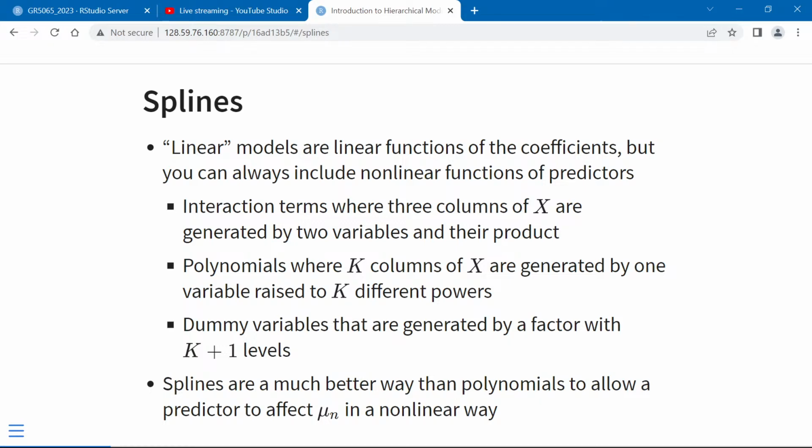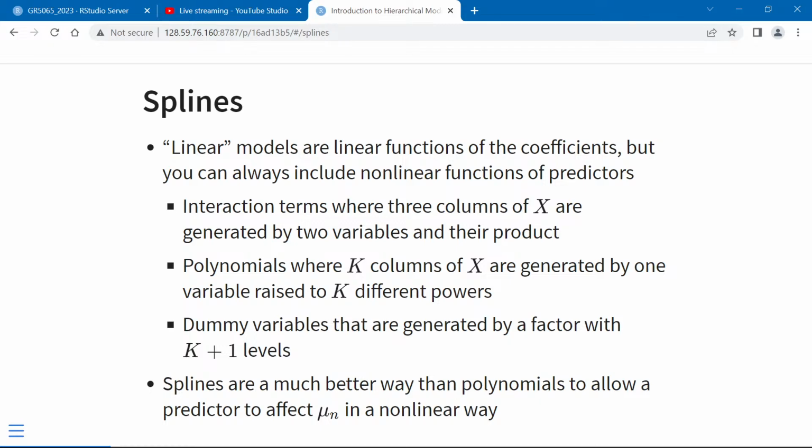3 columns of X, and when you make more columns of X from fewer variables in the original data frame, then there's going to be a nonlinear relationship with respect to the variables in the data frame. But that's still part of a linear model because it's linear with respect to the betas.